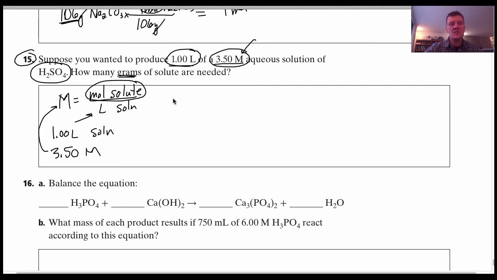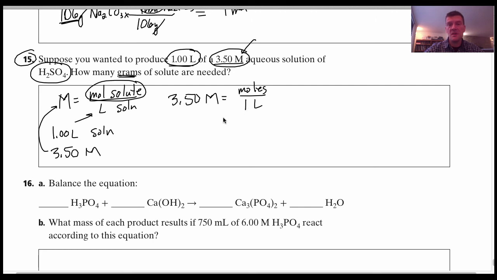So let's take this equation and put in what we know. 3.5 molar equals moles of solute divided by the liters of solution, which is just 1. So that means if I have just 1 liter and it's a 3.5 molar solution, I must have 3.5 moles.